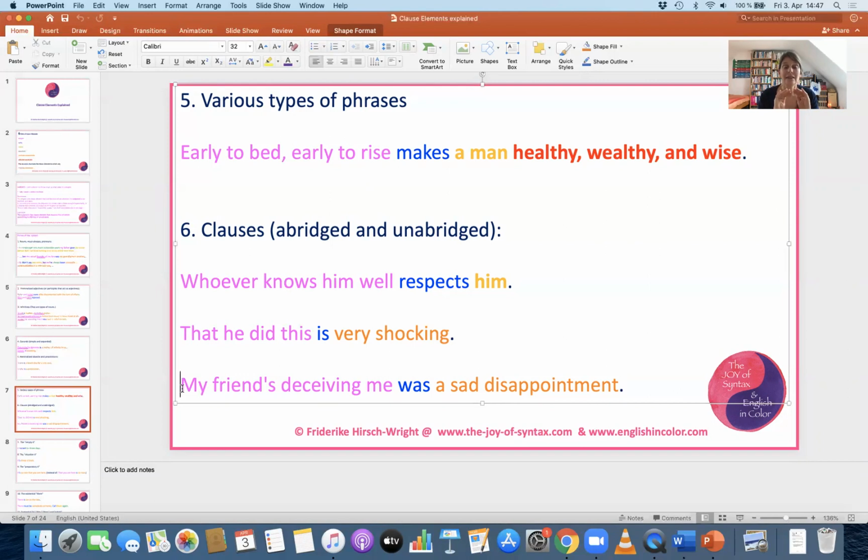So this is a special kind of gerund phrase that is an abridged clause: my friend's deceiving me was a sad disappointment. That my friend deceived me would be the unabridged version, and my friend's deceiving me is the reduced version where we have turned that into a gerund.